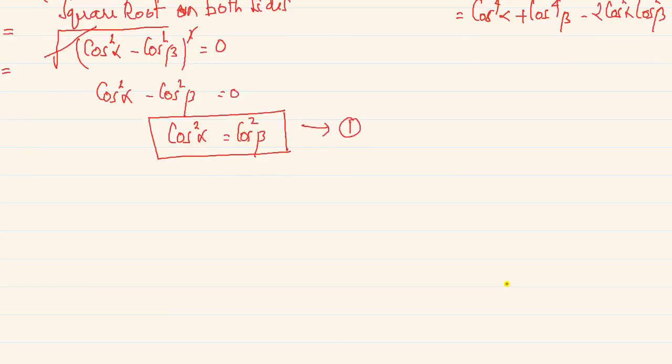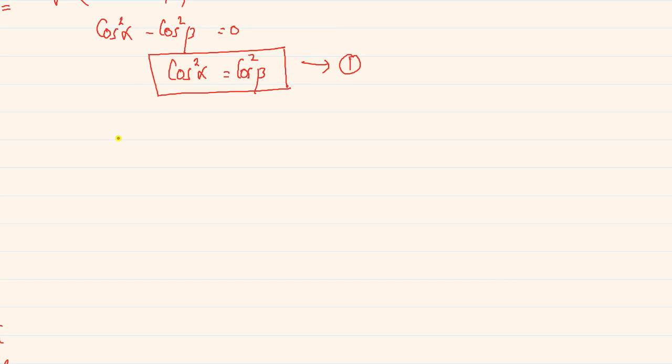Okay, so based on the trigonometrical identities, we know that sin square theta plus cos square theta is equal to 1. So sin square theta is equal to 1 minus cos square theta, and cos square theta is equal to 1 minus sin square theta.